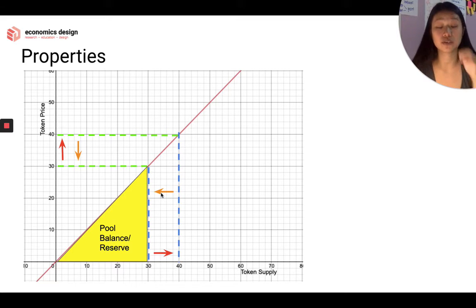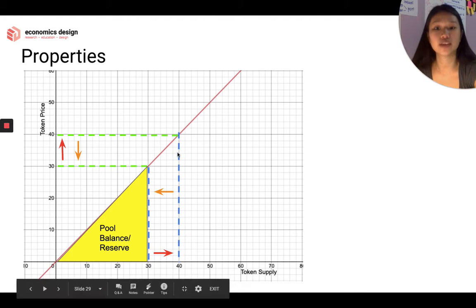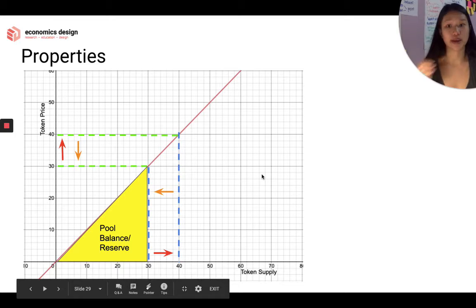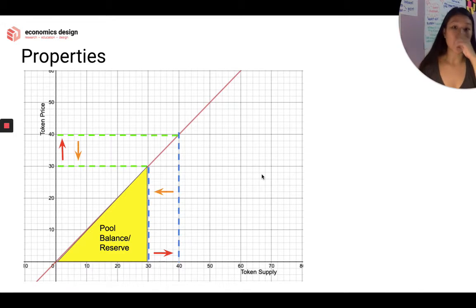The tokens can't be used anymore, and the price and the supply both decrease. Now the smart contract needs to know how much of the pool balance to give to the guy who burned the tokens, and it's basically the area under the graph too. It reduces the pool balance and the supply. So this is, in general, how it works when someone mints or burns tokens, or someone buys or sells tokens.